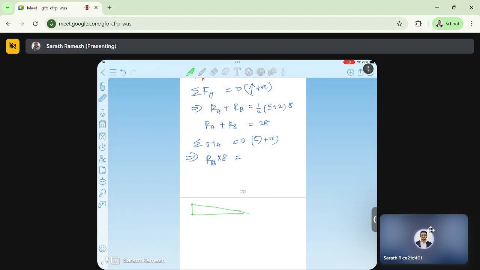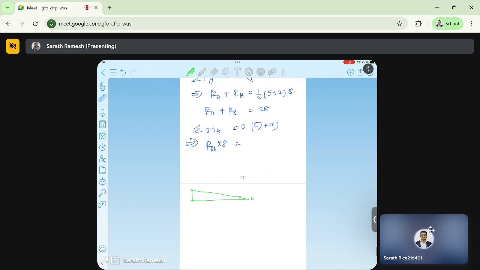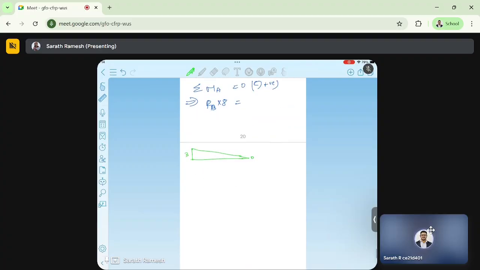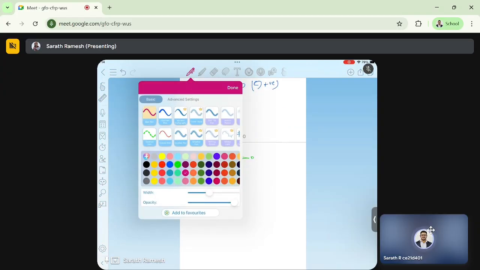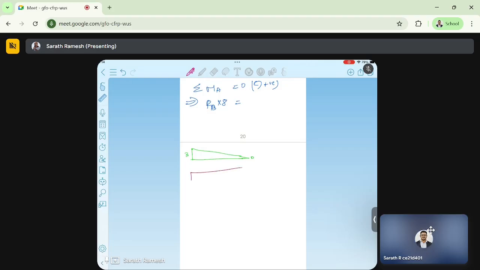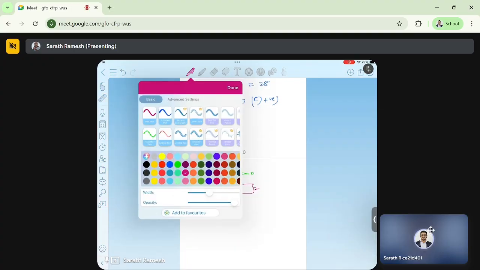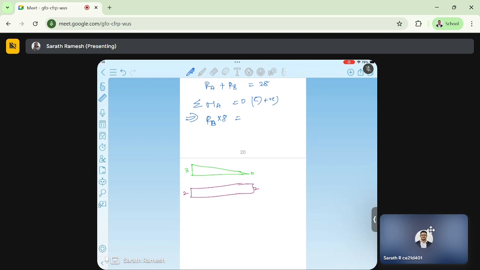The triangular one is 0 to 5 minus 2, which is 3, and a rectangular loading of 2. So this will give moment. This will act here at 8 by 3, and this will act here at 8 by 2.